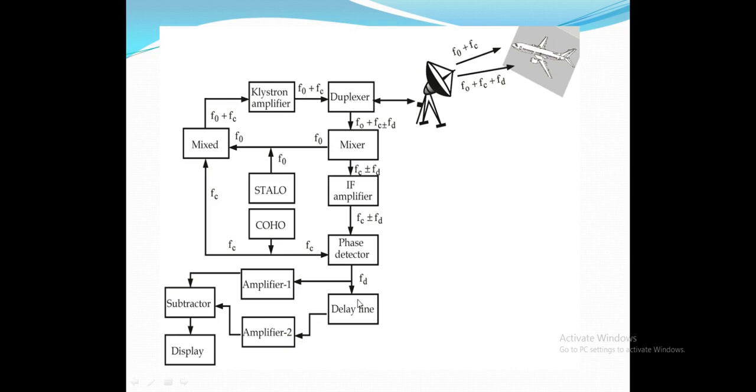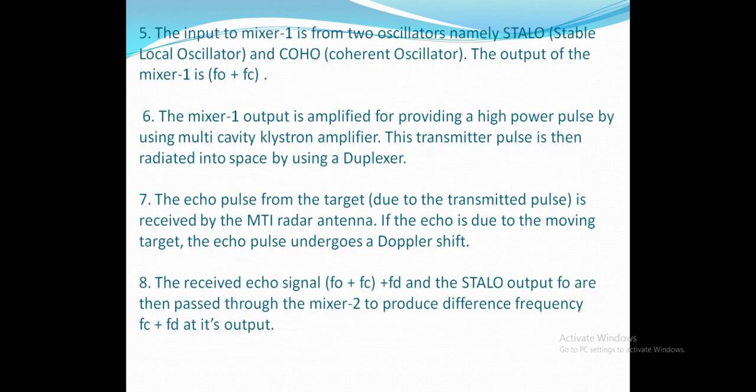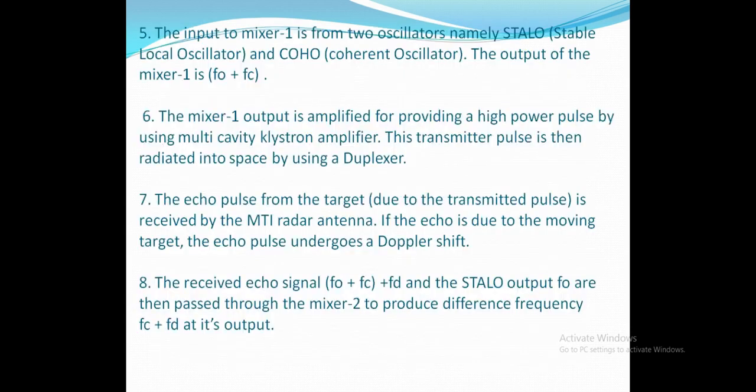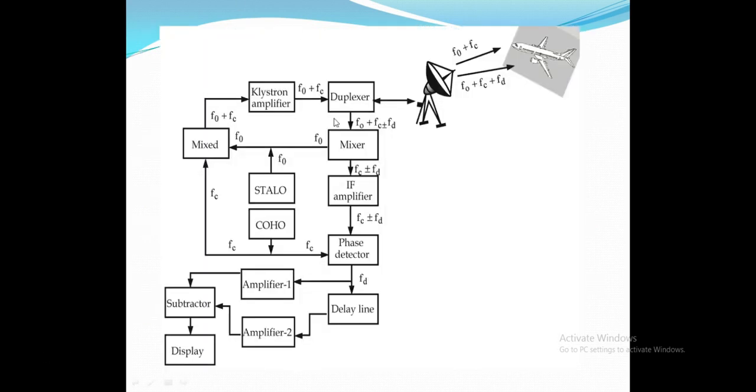This is the block diagram of the MTI radar. MTI radar means moving target indicator radar.